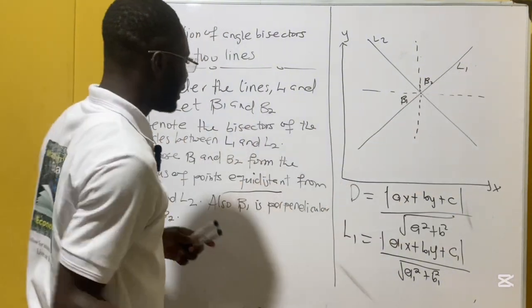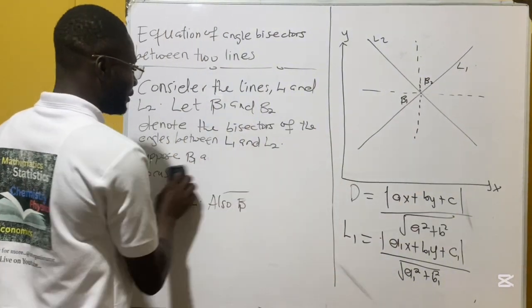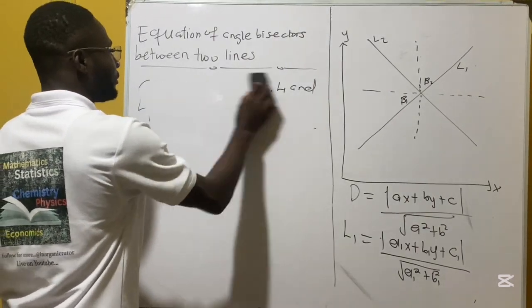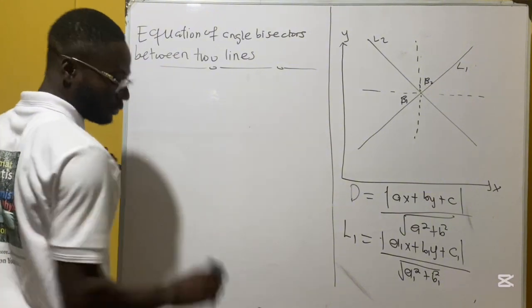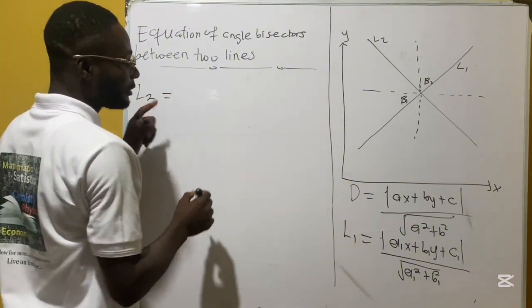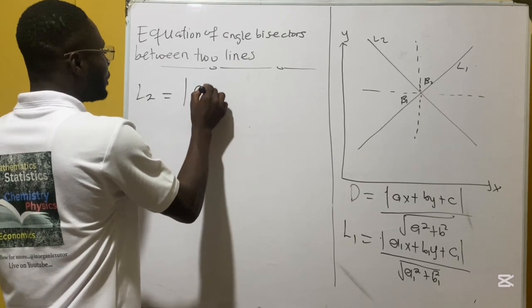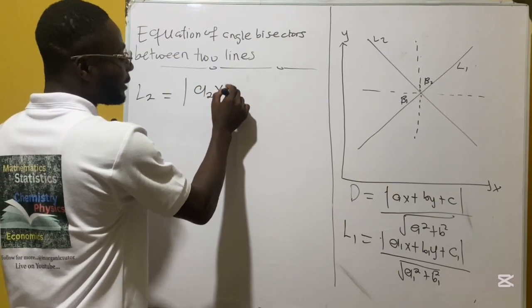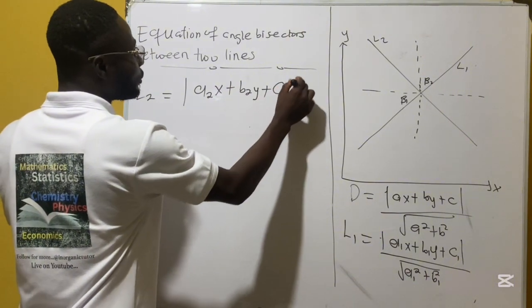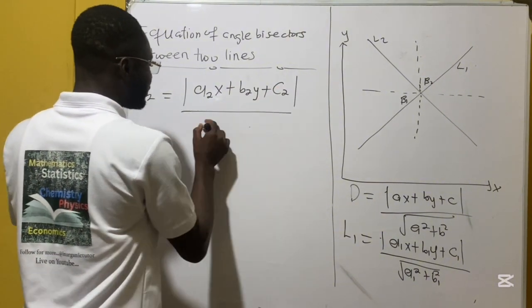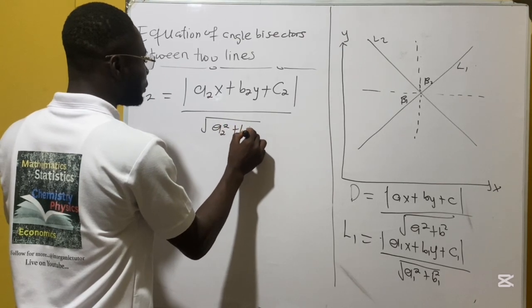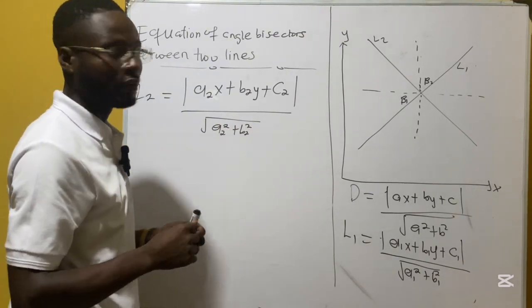Okay, now let's look at the distance for L2. So for L2, we say that the absolute value of A2x plus B2y plus C2, all over the square root of A2 squared plus B2 squared, right?